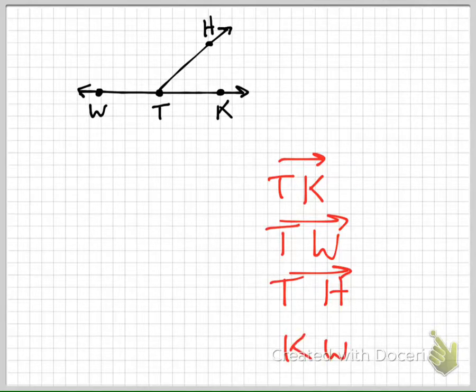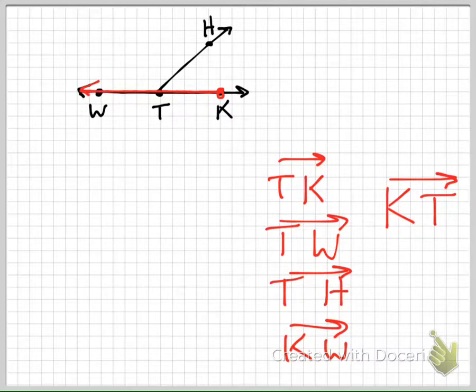What's the difference between the ray KW and ray KT? What is the difference between those two rays? Let's look at it. What's the difference, Jack? Nothing. There's no difference. Here's the reason. Let's take KW. KW is a ray that goes like that, right?